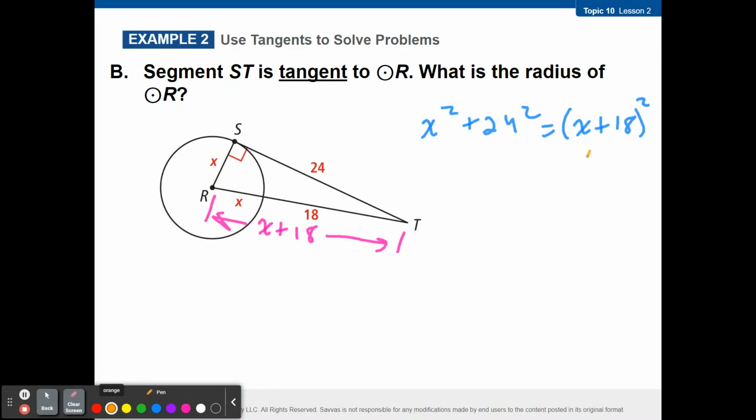No. This is x plus 18 times x plus 18. So in order to find that, you need to distribute. I'm going to give you a couple minutes to wrap your head around this and do it. Okay? Go ahead. And then someone can tell me what x is after.